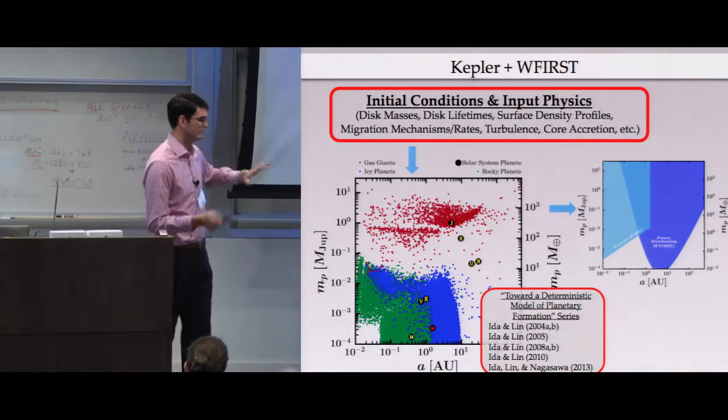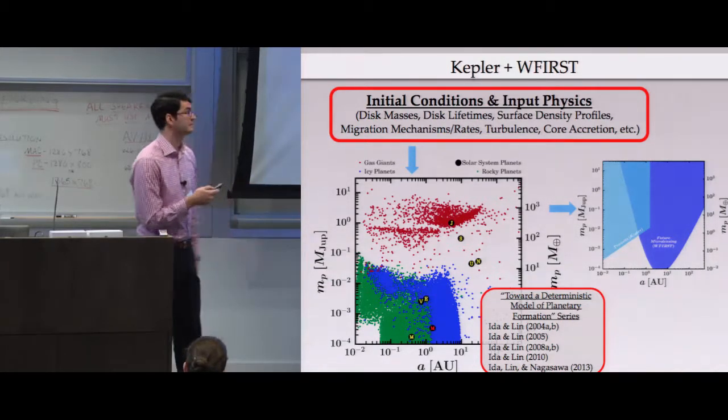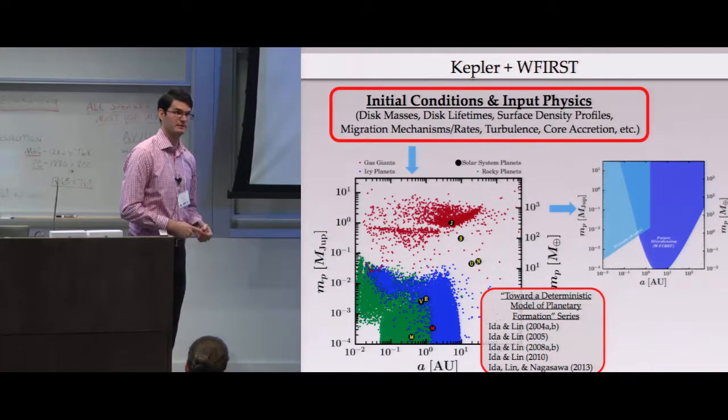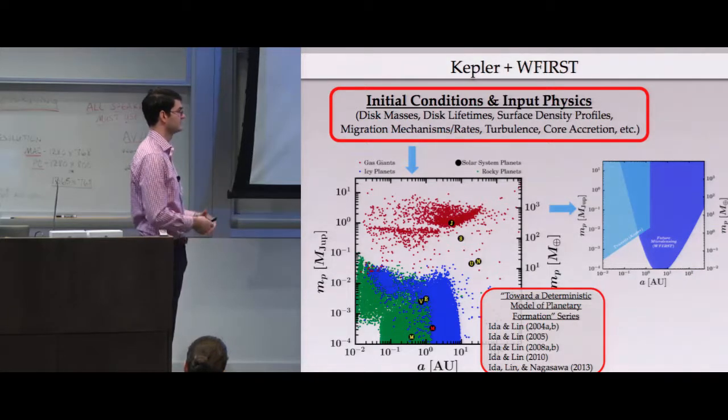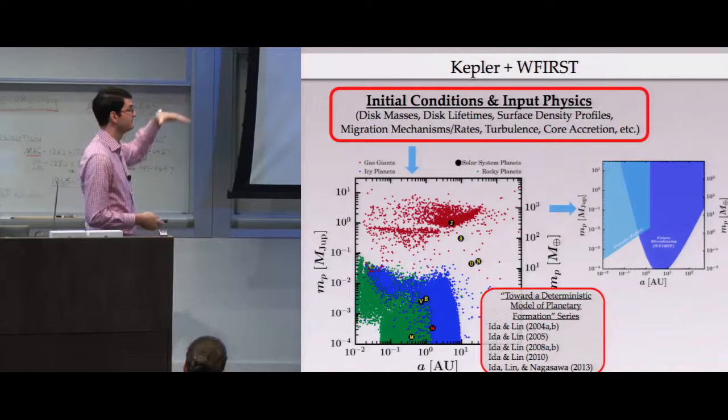And so rather than assuming anything, let's just try to create it from our models. In the case of initial conditions, we have actual observational constraints. We have measurements of disk masses, and we have uncertainties and distributions of those things to put in. And so on the front end, we bracket with observations.